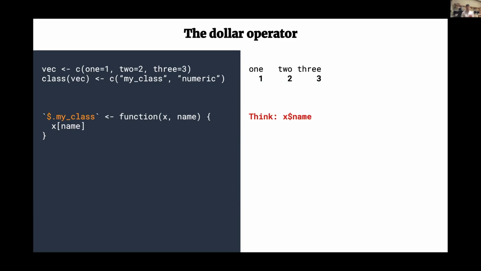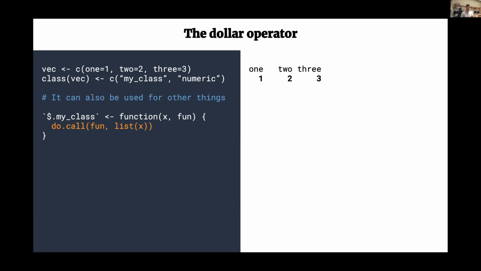So if you write this expression in red on the right side, X dollar name, and press enter, then this function will get executed if X is of the right class. So if we now write vector $2, it will select the second element. So we made it work on our vector, our special vector in this case.